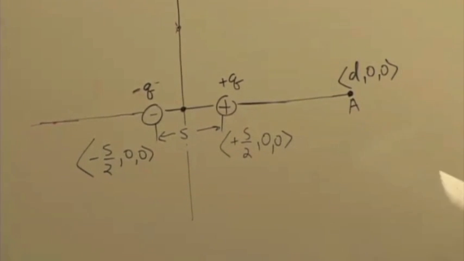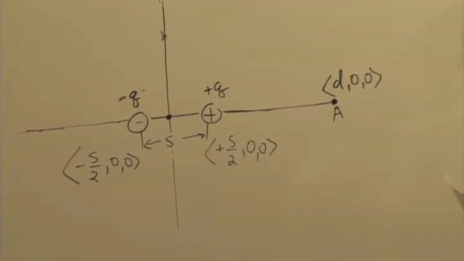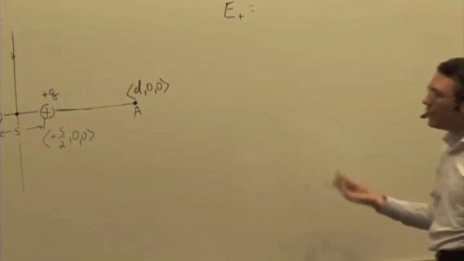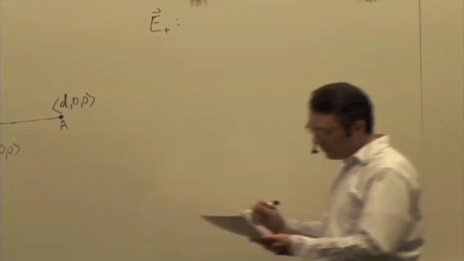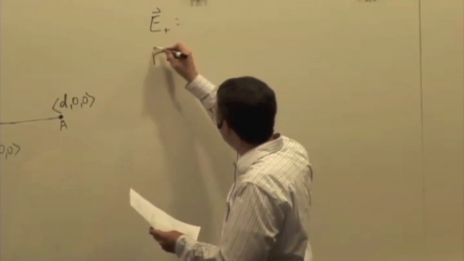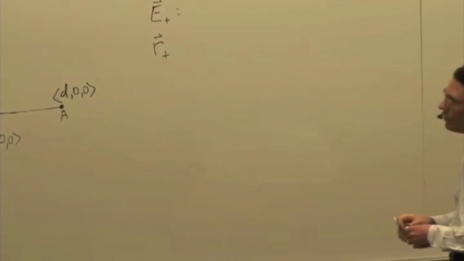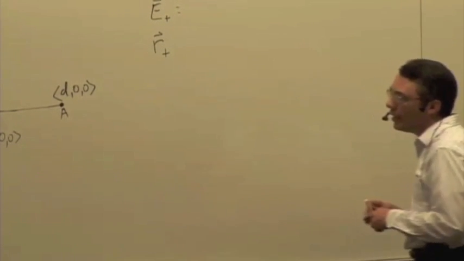Okay, so let's start by finding the electric field of the positive charge. Superposition says we can just treat it like a point charge and ignore the other point charge, so we're going to use our field due to a point charge, which is 1 over 4 pi epsilon 0 times q over r squared times r hat. I need to find the r vector, and I'll call it r plus to indicate it's the r vector pointing from the positive charge.